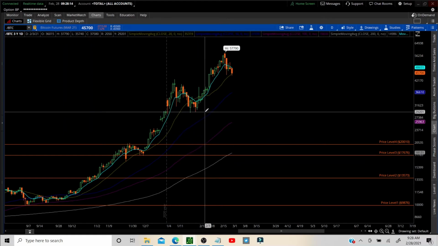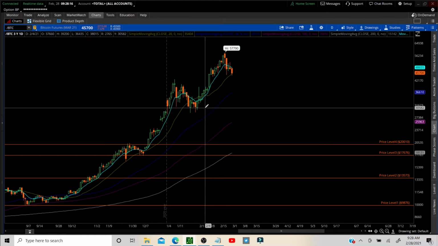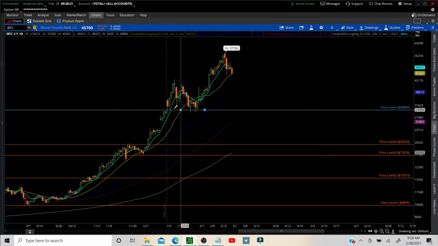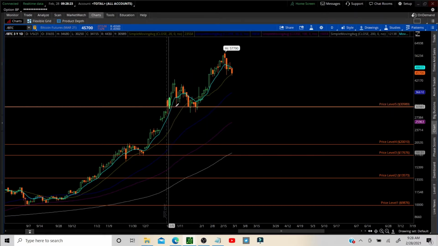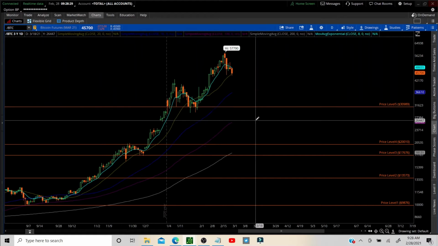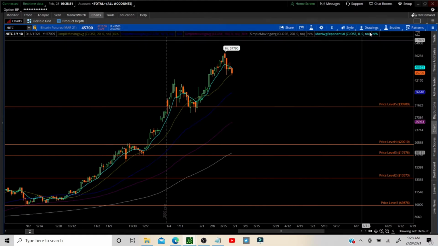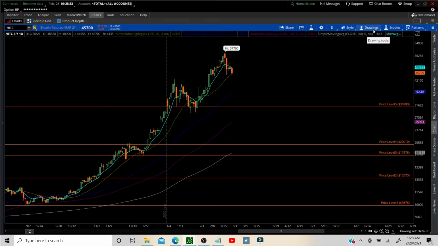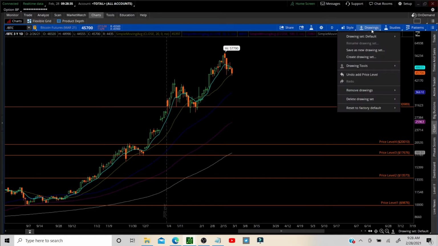So we can put that where most of the wicks touch, or even close to the body, because then you're touching more wicks. You got touches here, here, here, all through there. So that makes a wonderful support area as well. That's just a real easy way to do it really quick.